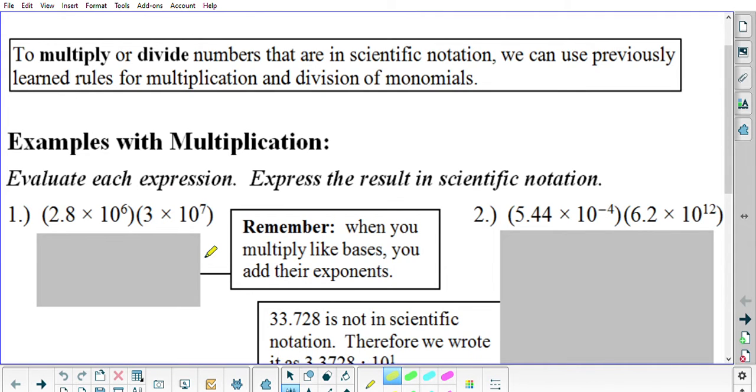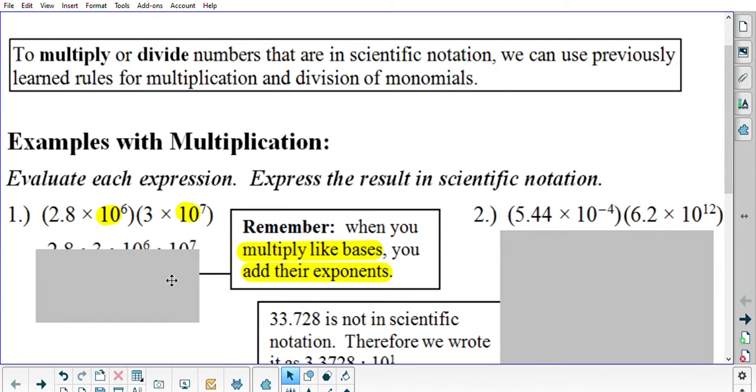Now, one of the rules we learned not too long ago is that when you multiply like bases, you can add their exponents. So, who are the like bases? Well, 2.8 and 3, they are not like bases, but 10 and 10, they are like bases. So what we can do is use the commutative property of multiplication, switch this around.